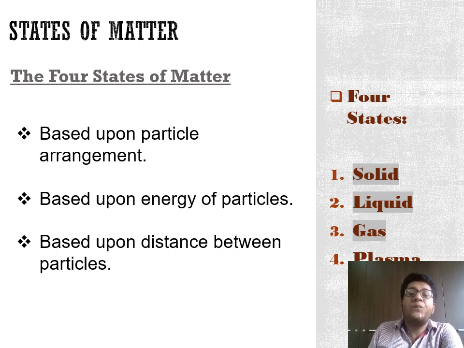They are the arrangement of the particles, the internal energy of the particles and the distance between the particles inside a matter. I think this concept is a bit abstract for you, but as we gradually progress with the video, this will be clear. So from this slide, our takeaway is there are a total of four states of matter: solid, liquid, gas and plasma, and the three major ones are solid, liquid and gas.